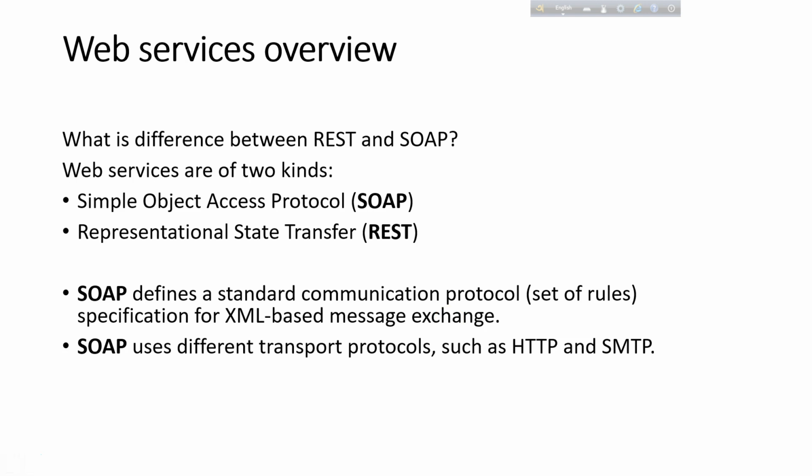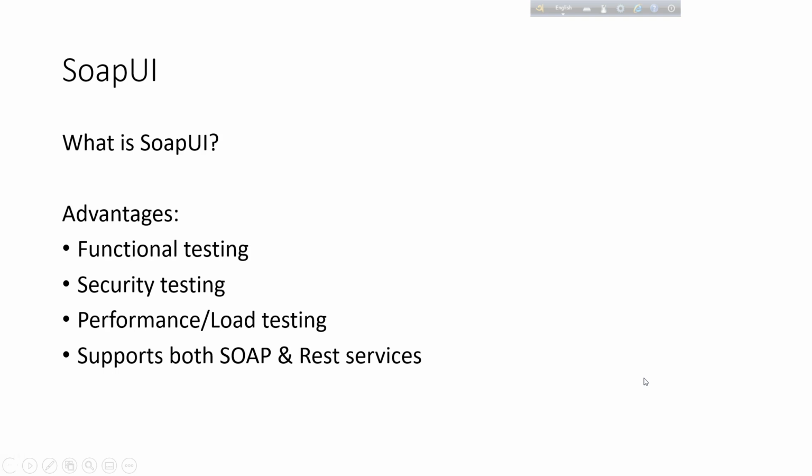XML is a readable format, whatever we have seen in TestNG, how we can generate an XML file. So SOAP uses different transport protocols such as HTTP and SMTP. Now you can check on Google what HTTP and SMTP are if you forget already.